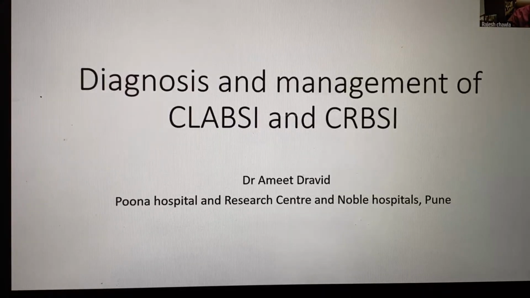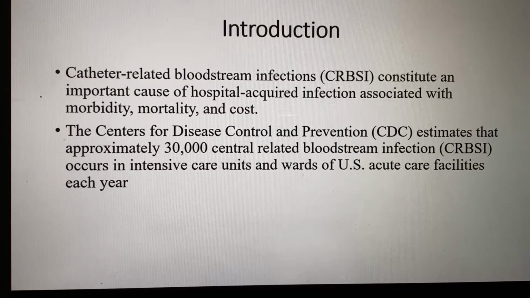Thank you, Akanksha. It was an amazing lecture which you have given earlier and has made my job quite easy. So, I am going to talk about diagnosis and management of catheter-related bloodstream infection and central line associated bloodstream infection. We all know that catheter-related bloodstream infection constitutes an important cause of hospital-acquired infection and is associated with morbidity, mortality, and cost.